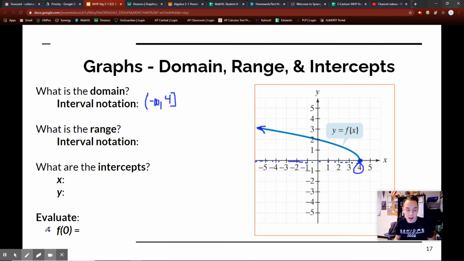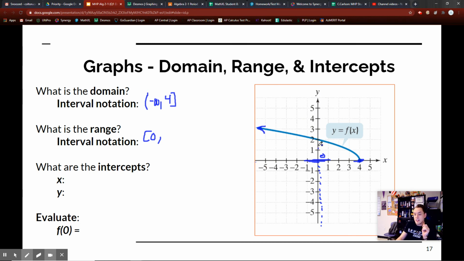Range, where does the graph start existing from bottom to top? It starts existing from bottom to top right here. So what is that y value? It's 0. And it is going to be included because it is a solid dot. And then where does it actually end? This one's kind of a little interesting.